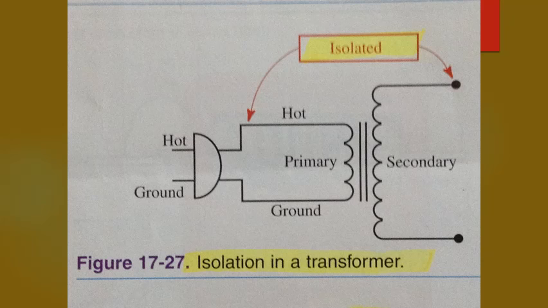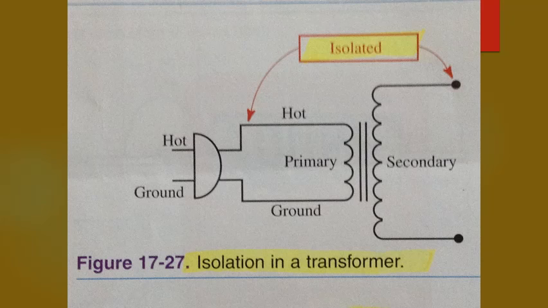Most transformers do not have any electrical connection between the secondary and primary windings. See figure 17-27. This means that the transformer isolates the circuit connected to the primary from the circuit connected to the secondary.